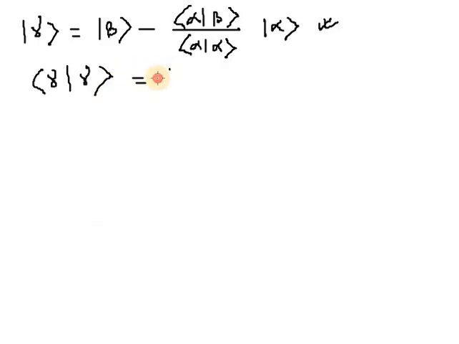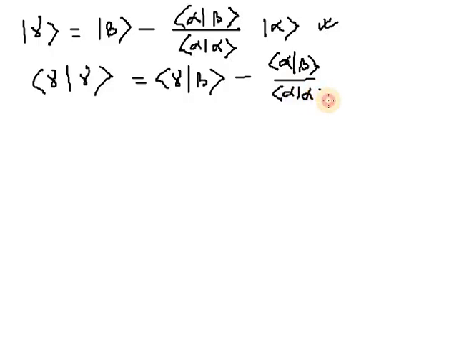So we will write <gamma|beta>, inner product. And then, as this is a scalar, what we decided is that we will take the scalar out, and multiply by the inner product of gamma with alpha, right? So this is what I get.